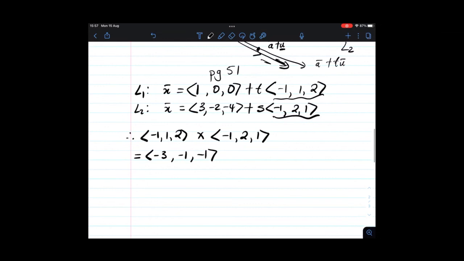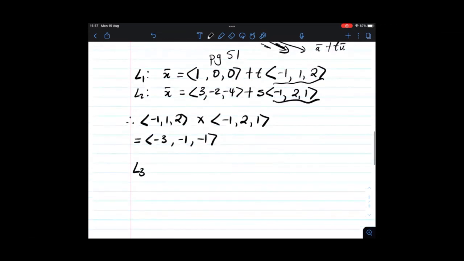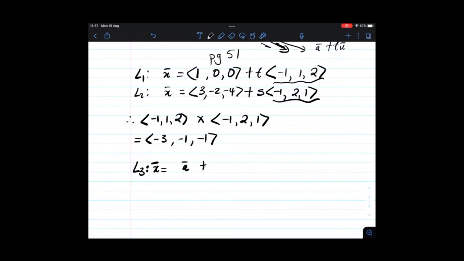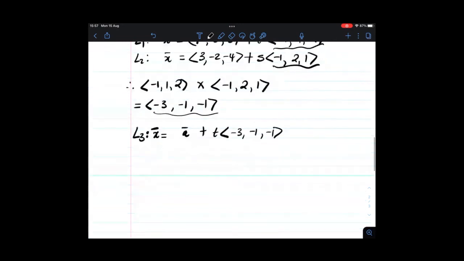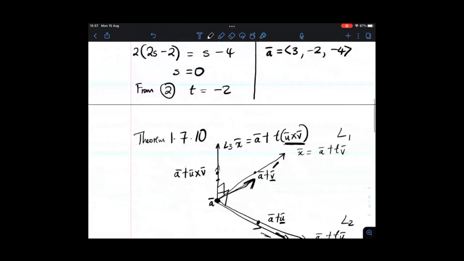So in other words, now I can say that my L3 is going to be equal to the equation is going to be equal to x is equal to a plus t times this vector here, (-3, -1, -1). And I know what a is.